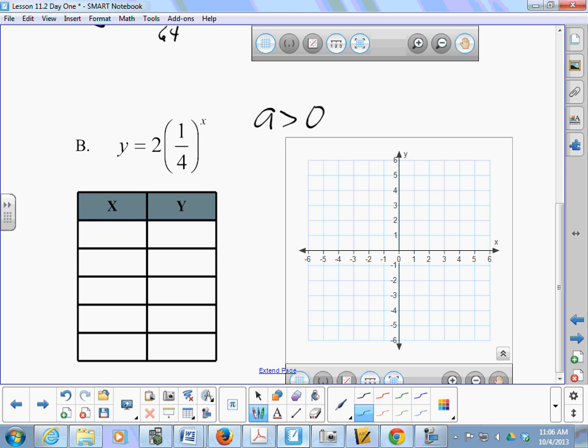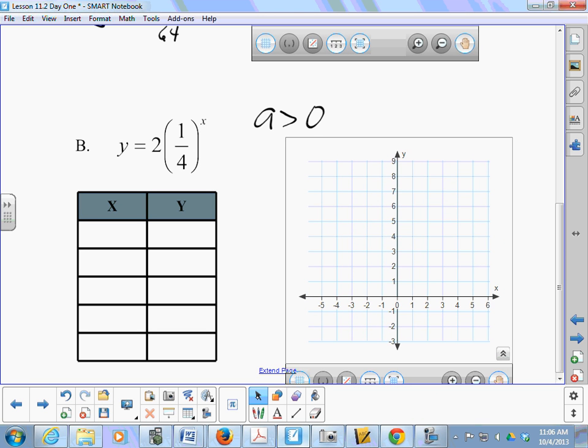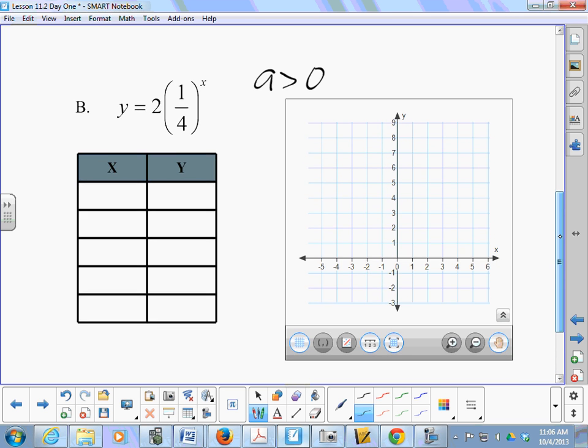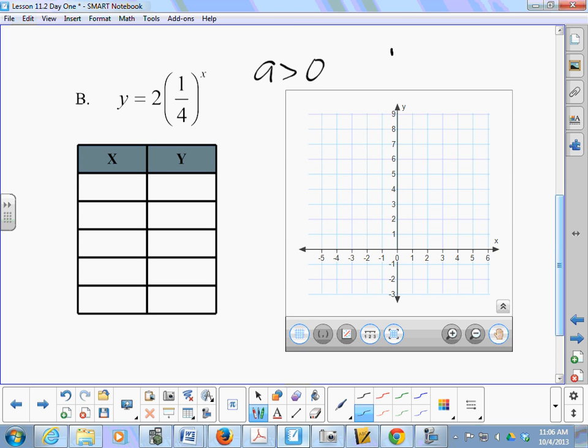So I can move my window down because I don't need negative y values, because I'm not going to have any. So a is greater than 0, and b is between 0 and 1. It's a fraction, 1/4.